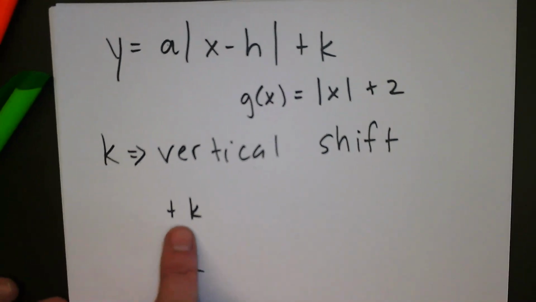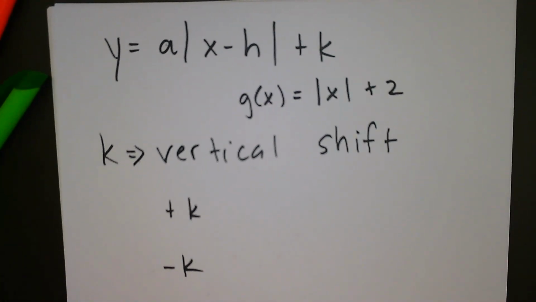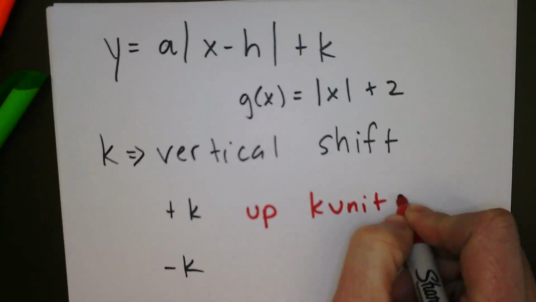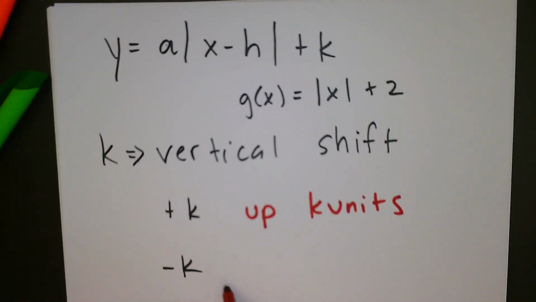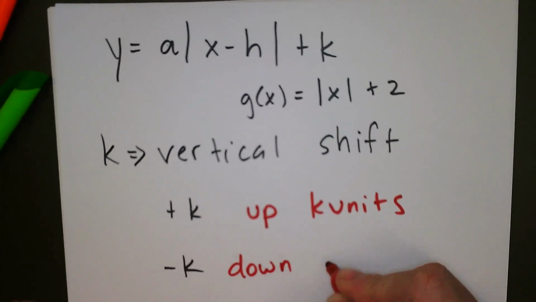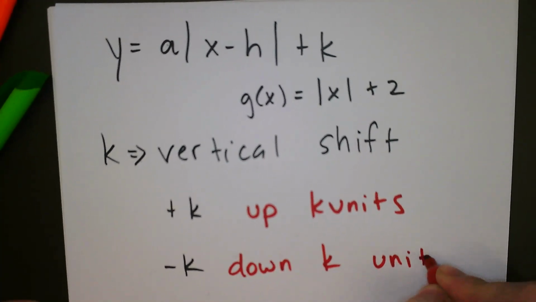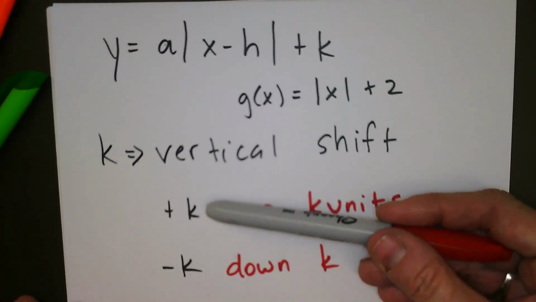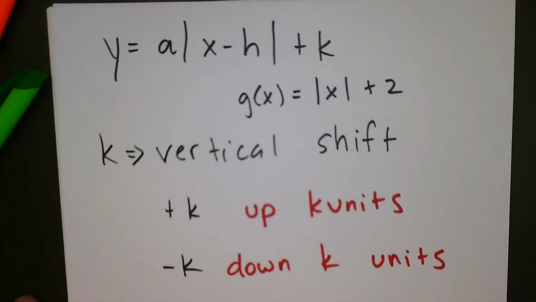And the nice thing about this one is it's much more intuitive. If you have a plus K up here, it's just going to be up K units. And if it's a minus K, then it's going to be down K units. So it'll take the whole V and just pick it up and move it up or down, depending on whether it's positive or negative.